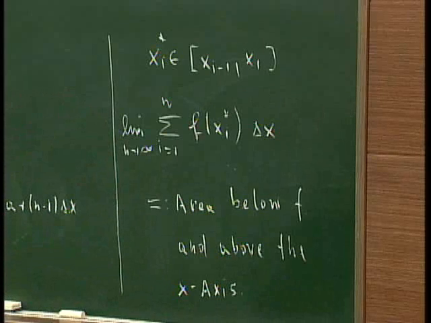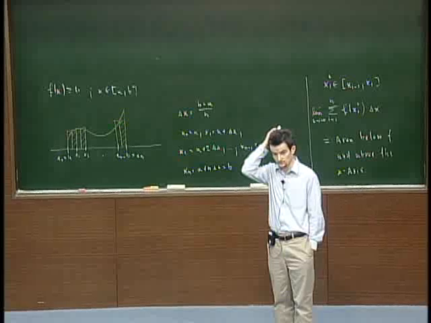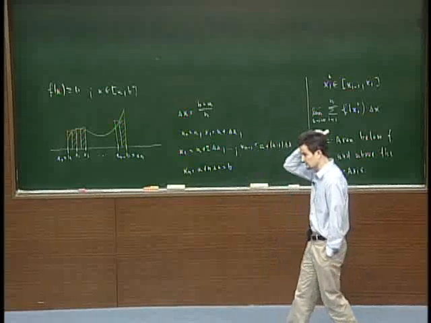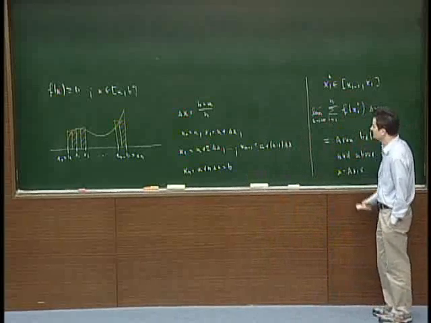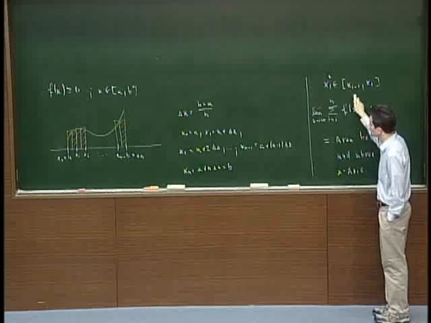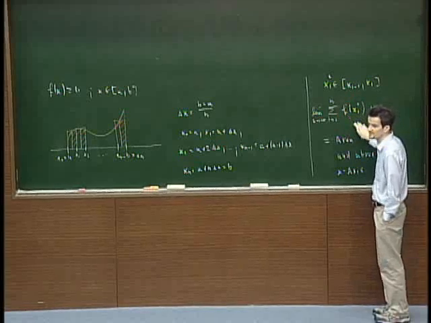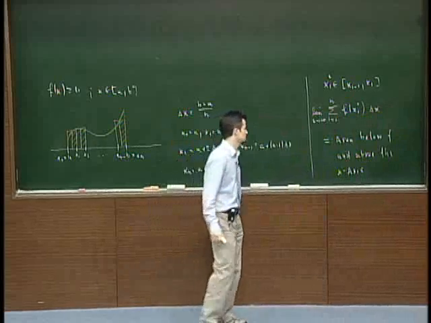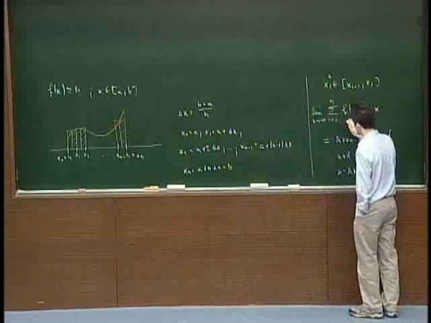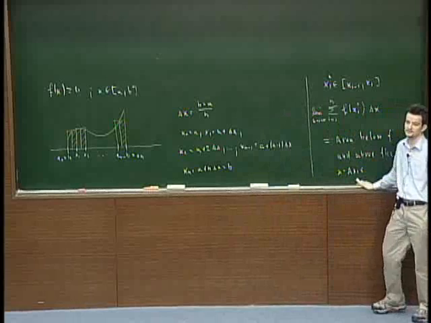It is proved in other courses on higher mathematics that if f is a continuous function, then no matter how you choose the sample points, all those limits exist and all have the same value. So if f is continuous, this definition of the area makes sense.